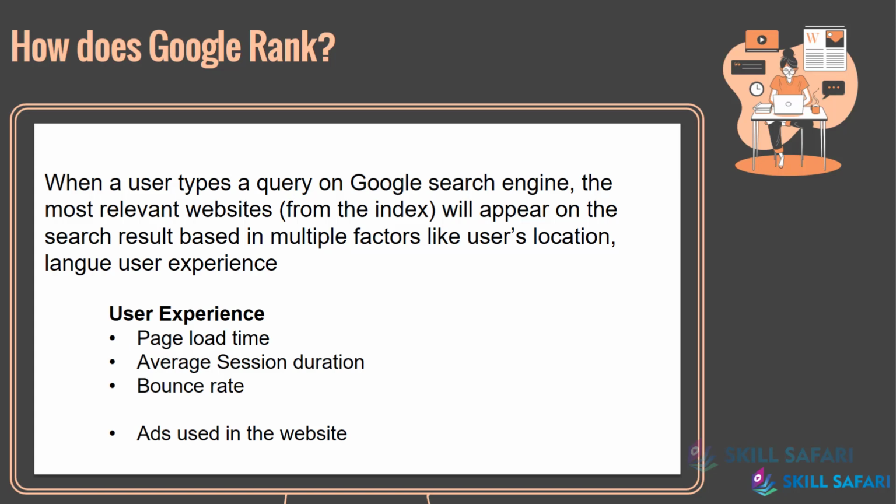How many sites have this title? Among these sites, it will start judging which sites have proper information and relevant content, and it will also see factors like the location you searched from, or what language was used. And also the user experience you are able to give, like the load time of your page, how much time users spend on your site reading, how often your website is bouncing back, or whether you are using ads that spoil the user experience. Based on all these factors, Google considers and ranks your website.